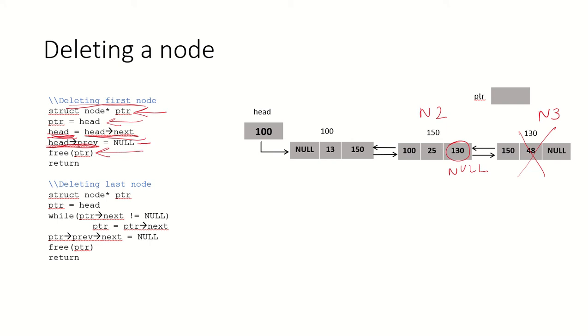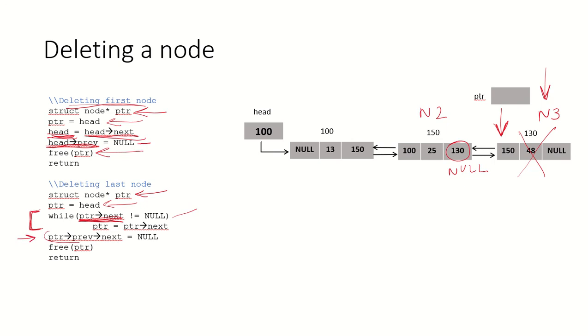And also one more thing we have to take care of is to release the space that is being occupied by node 3. So let's have a struct node pointer PTR which is initialized to head, and we will keep on traversing the linked list till we reach the last node. You can see my videos on traversal of linked list. So finally we reach this last node N3, and we stop when PTR arrow next is equal to null. We go out of the loop.